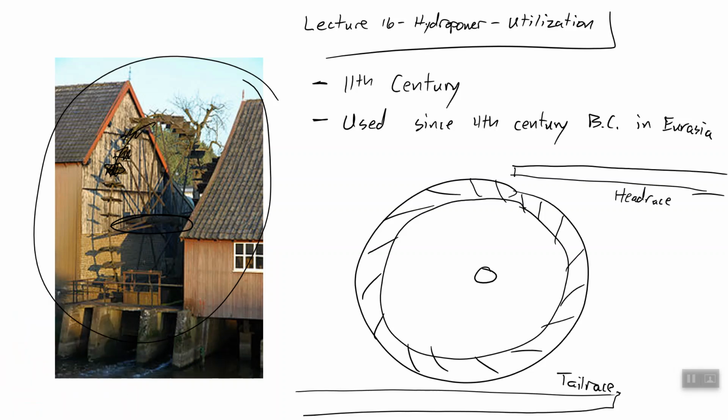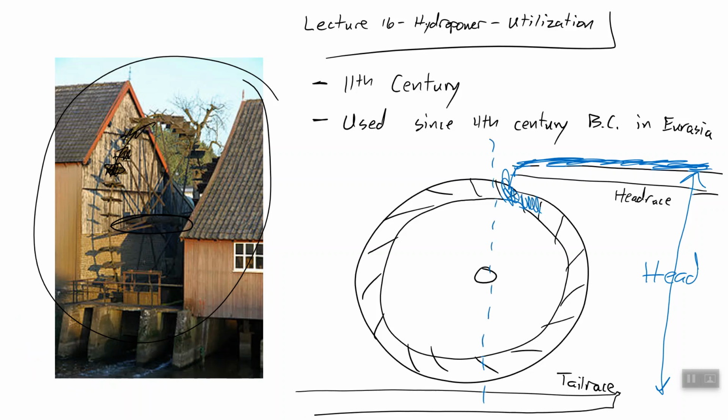All right, so water comes in on the head race and it's elevated above the tail race, right? So this would be our head. And this water falls into these buckets. And because these buckets are not aligned with the center, but are a little to the right of the center of the wheel, the wheel is now heavier on this side.